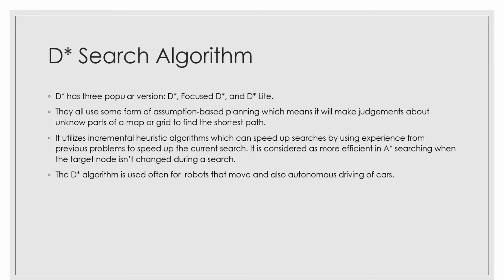Some changing could also happen while running this in graphs that use it. This is why it's often used for robots that move around and for autonomous driving of cars, where it's very good at making more informed judgments about where to move when there are a lot of unknowns around the grid.